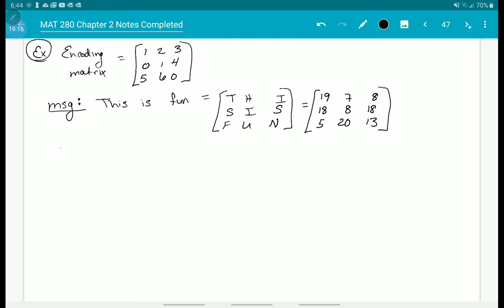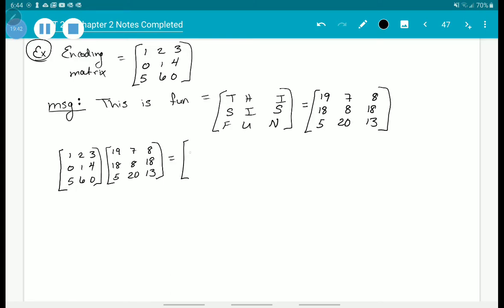So if we take our encoding matrix, 1, 2, 3, 0, 1, 4, 5, 6, 0, and we multiply it by our message, we're going to get a product.